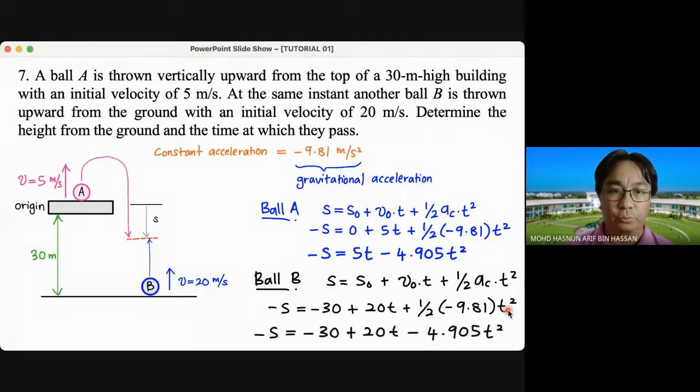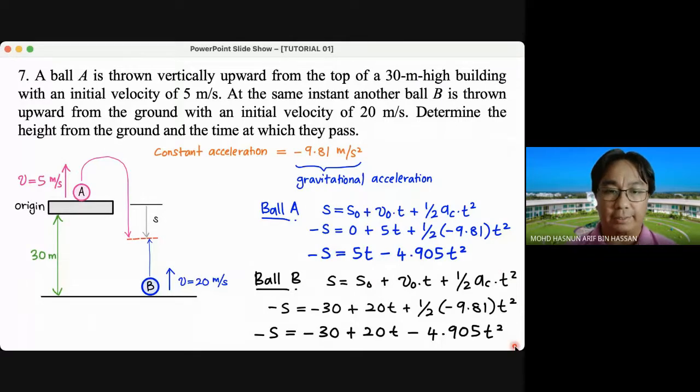So when you calculate everything, you will get minus S equals to minus 30 plus 20T minus 4.905 T square. Okay, so kita boleh buat sampai sini je.